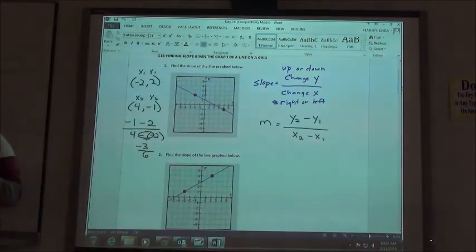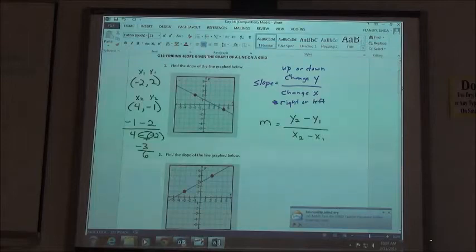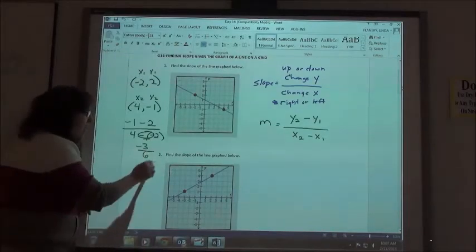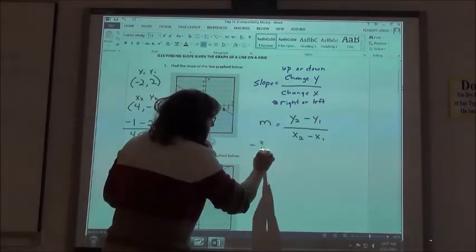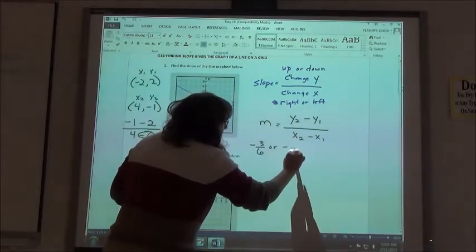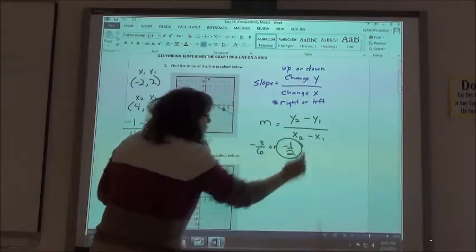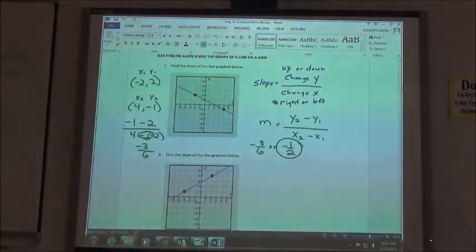So if I have the graph, I can count and find my slope. I went down 3 and over 6. But they want you to practice using the formula so that when you don't have a graph or you have really big numbers, you've practiced using the formula. Now, of course, we know that if I have -3 over 6, I'm going to simplify it, because it's a fraction, to -1/2 for my final answer.